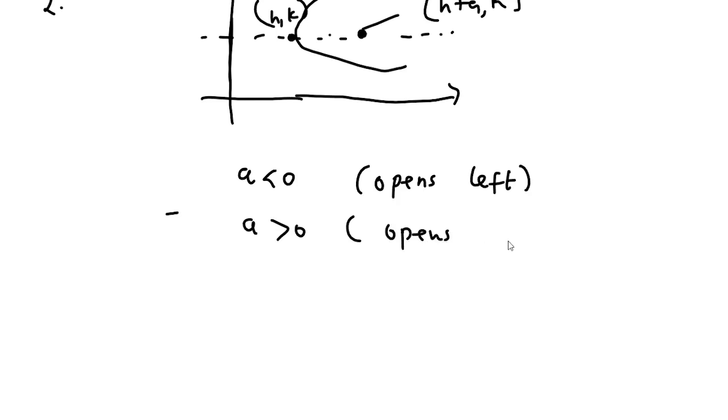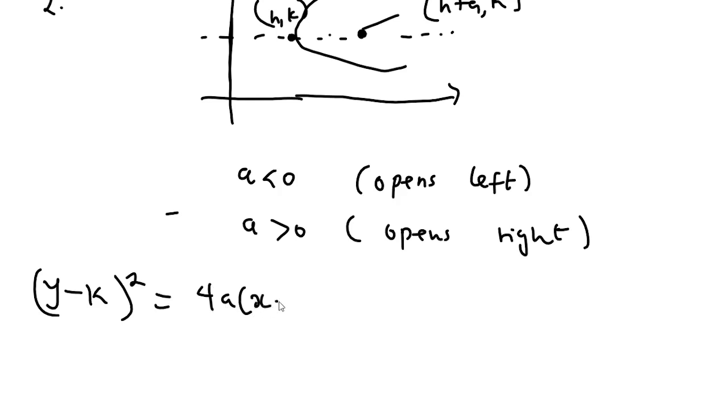The sign of a will determine where it opens to. Now let's look at the equation. The equation will be in the form (y minus k) all squared equals 4a multiplying (x minus h). That is the equation.